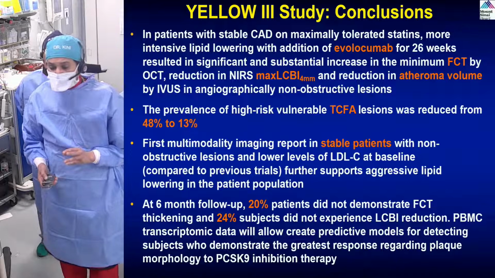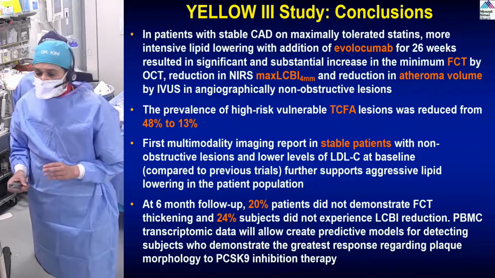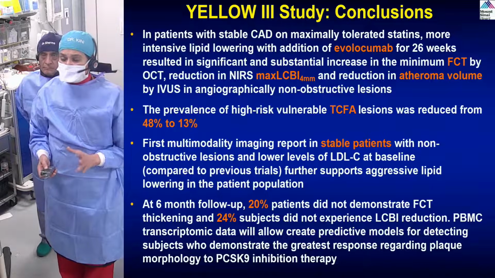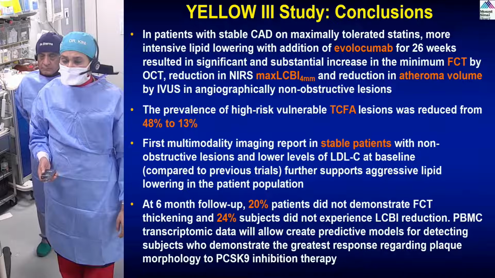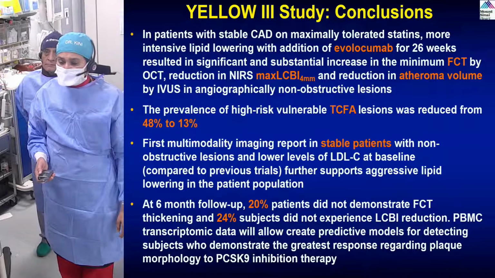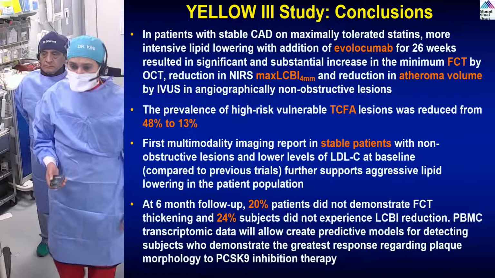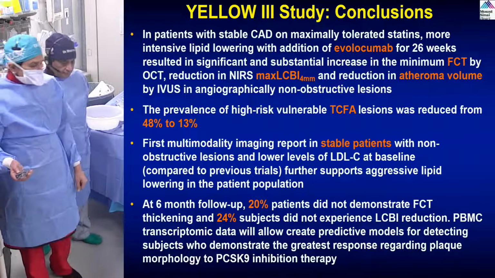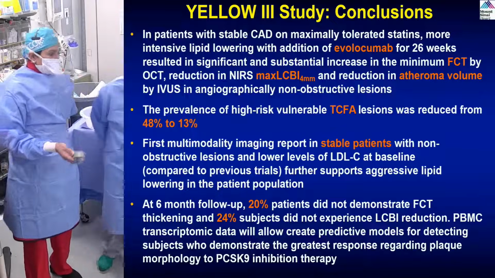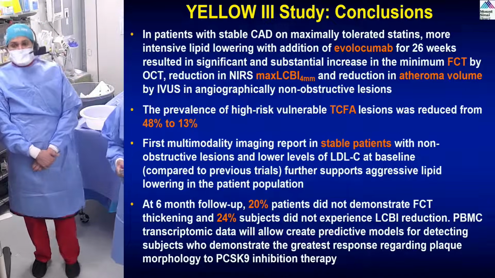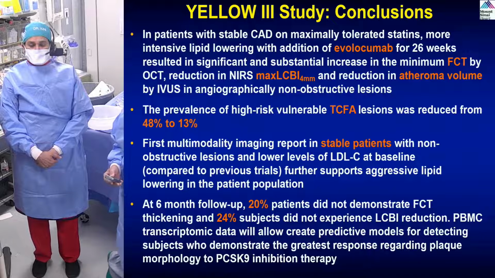YELLOW 5 will be where we are comparing YELLOW 2 and YELLOW 3 data, and then figure out exactly who these responders and non-responders are, and then probably come up with some kind of biomarker to understand who these patients are, then subsequently aiming for personalized medicine in this complex patient population.